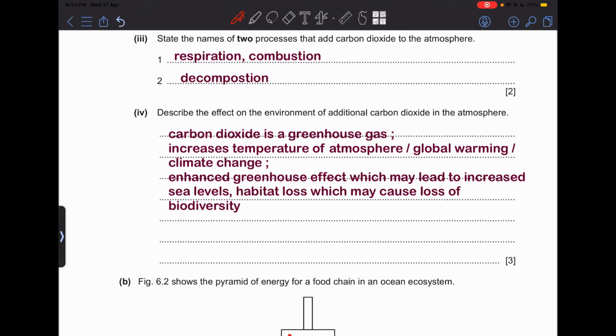So when there is an enhanced greenhouse effect, this means that the world is becoming hotter. If the temperature becomes hotter, it may lead to increased sea levels. This is because ice glaciers or ice mountains will melt.